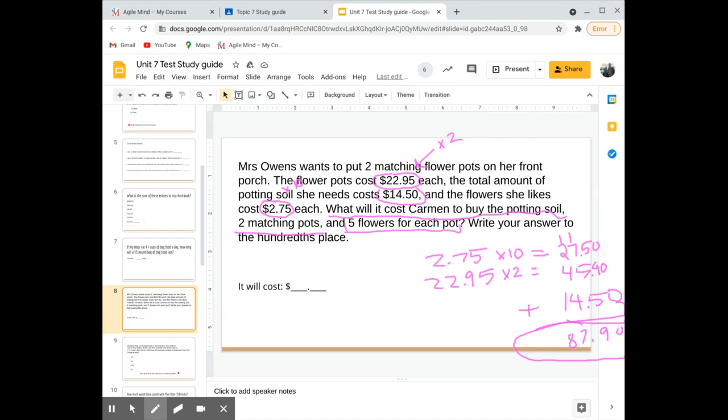I'm going to use a calculator to check it just to be safe. All right. We said 275 times 10 is 2750. Then we did 2295 times 2, and we got 4590. And then what did we do? Added them. Yeah.